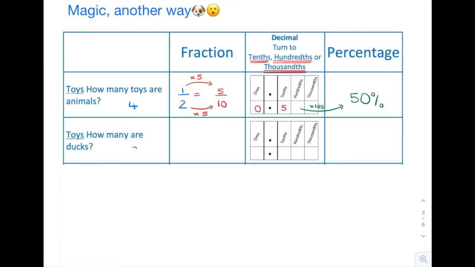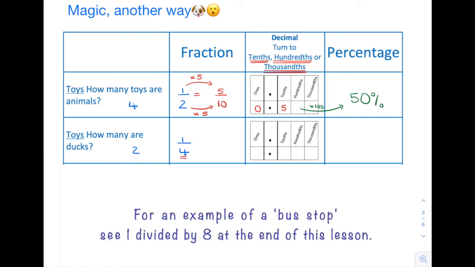So remembering there were 2 ducks, that was 1/4 of Bertie's toys are ducks. Now we want to convert a quarter to a tenth, a hundredths or thousandths. So you need to ask yourself, does 4 go into 10? No. Does 4 go into 100?